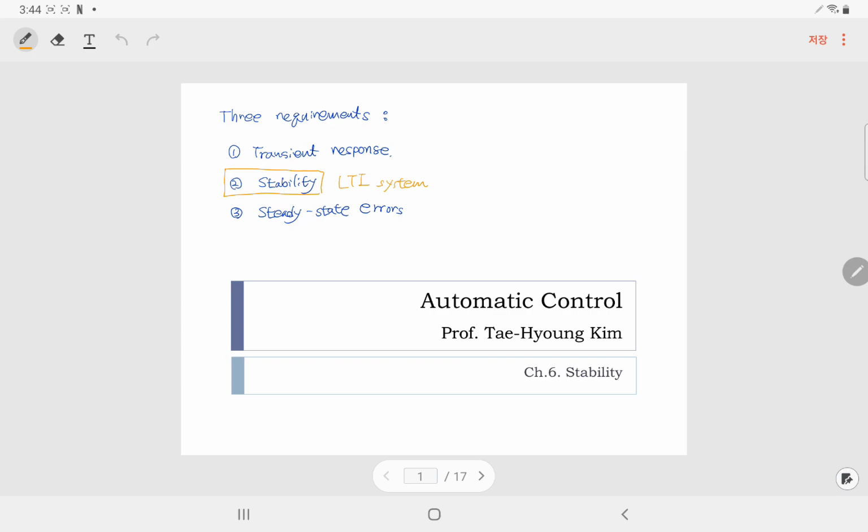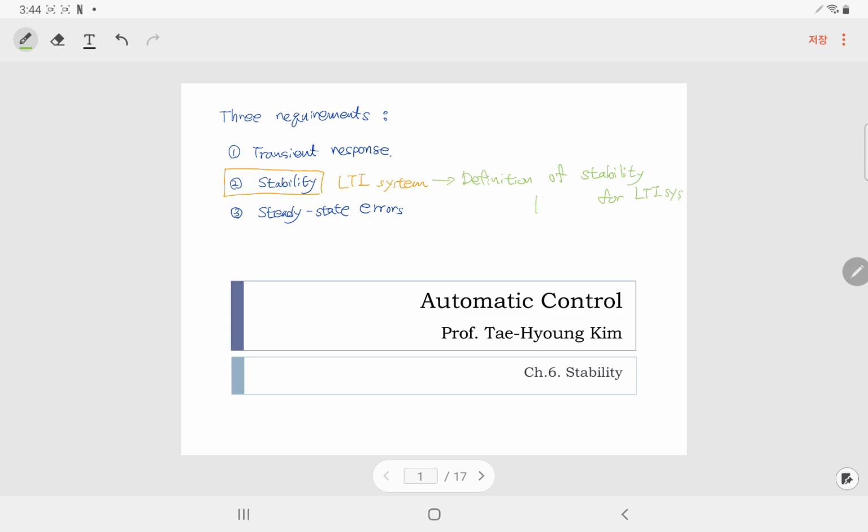Therefore, in the next few pages, we will talk about the definition of system stability for LTI system.